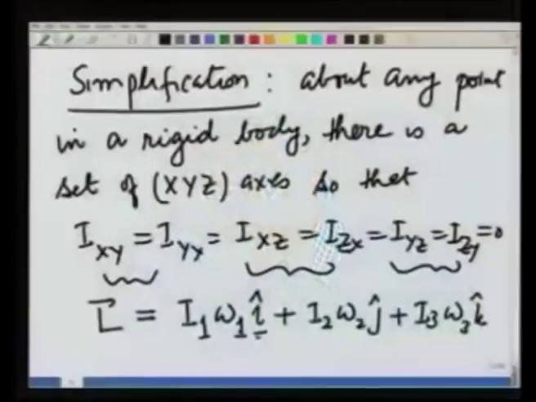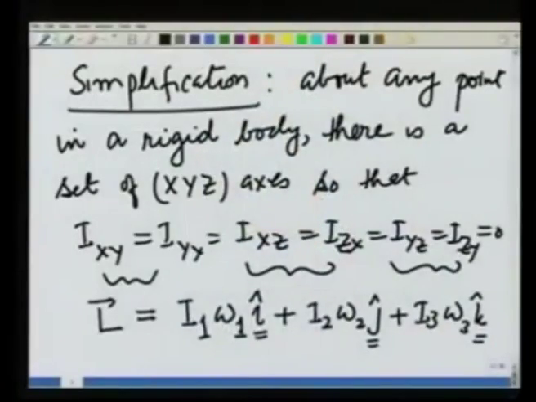The only catch now is that these i, j and k unit vectors are along the principal axes x, y, z of the body. Now principal axes are going to have a fixed orientation with respect to the body, and therefore these axes are attached with the body. As the body rotates, these axes also rotate. So that is the catch. So we have to take care of that somehow when we develop our dynamics.